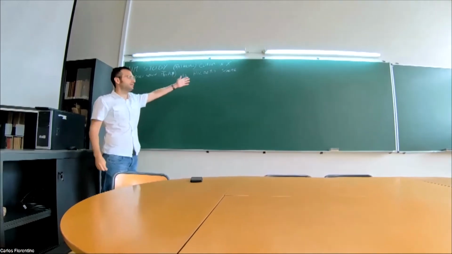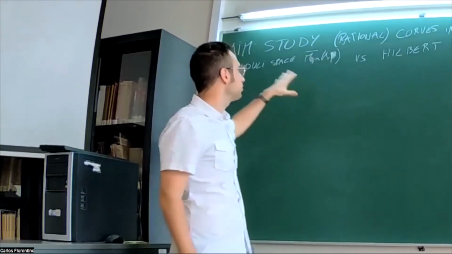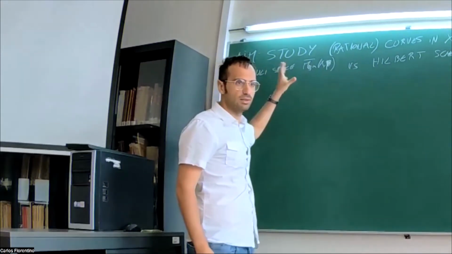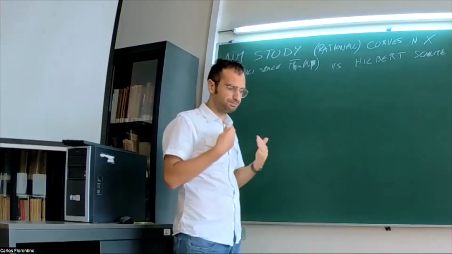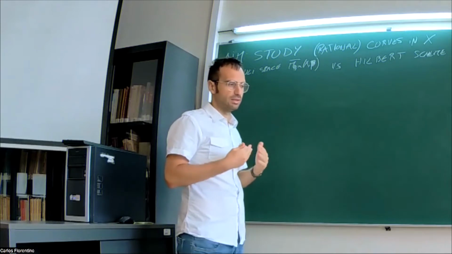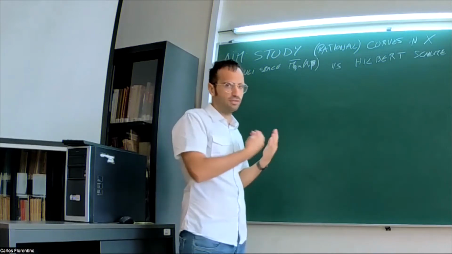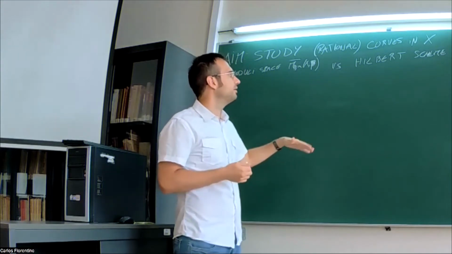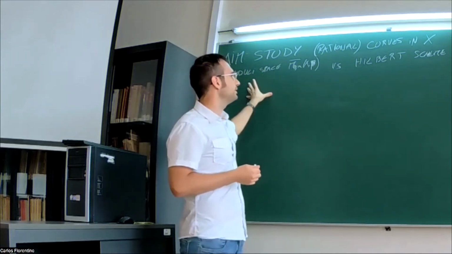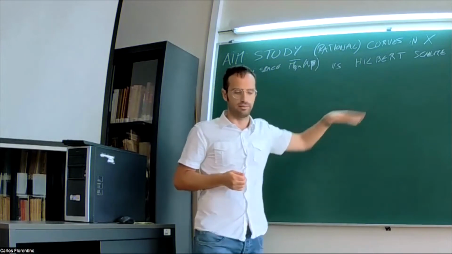So we already have the Hilbert scheme, and we are introducing a new tool that is this one, which has a not so, how can I say, intuitive definition. I introduce maps. So why do we study this since we have already that?